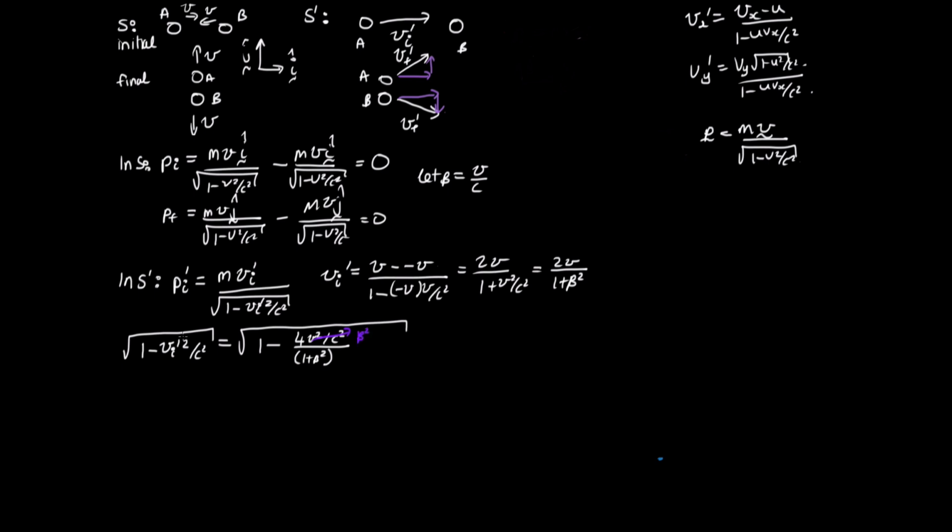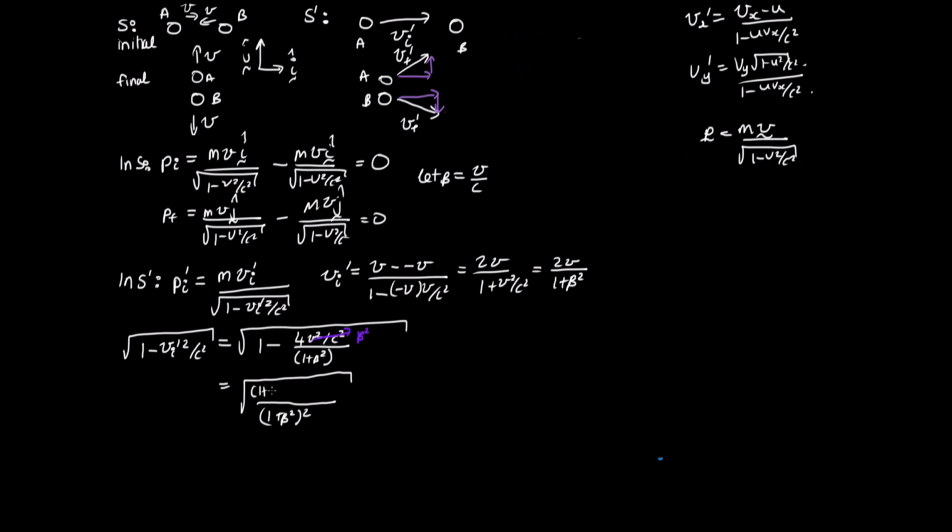So to help simplify this, I'm now going to give it a common denominator between this term and this term. So we've got on the bottom 1 plus beta squared, and then to get this on the bottom I needed to multiply 1 by that thing.